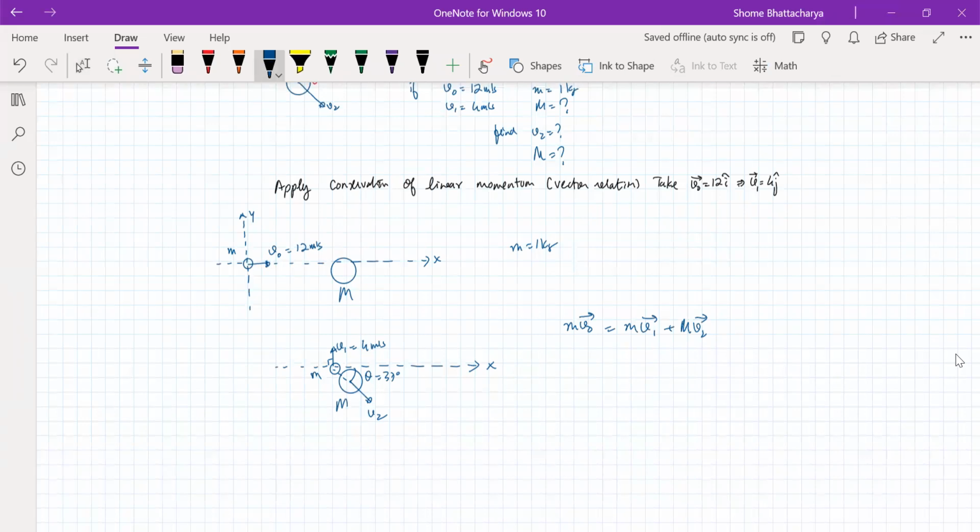When we write this in component form, this becomes m V0 I cap is equal to m V1 J cap plus this V2, which will have components of cos 37 I cap minus sin 37 J cap. Cos 37 is 4 by 5 and sin 37 is 3 by 5.